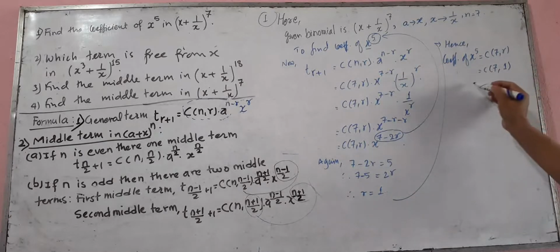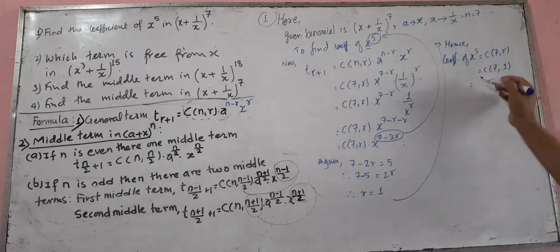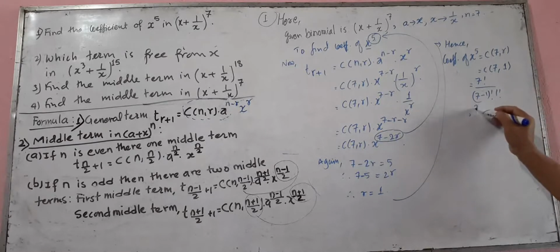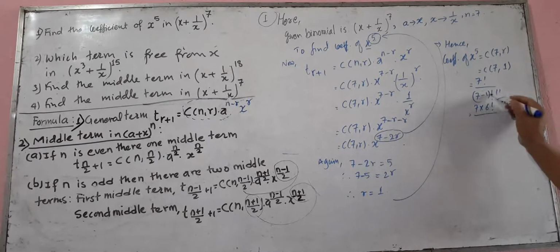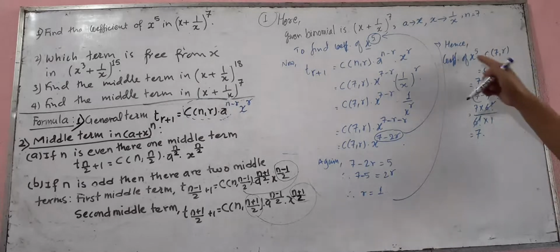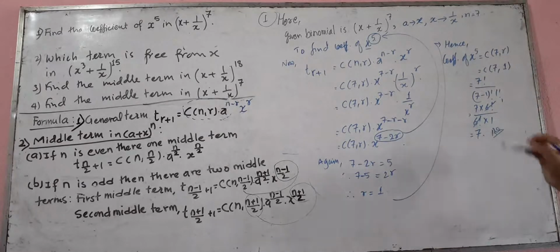This can be written as 7 factorial by (7 minus 1) factorial into 1 factorial, and this is 7 times 6 factorial by 6 factorial into 1, and cut, that is 7. So the coefficient of x^5 is 7.